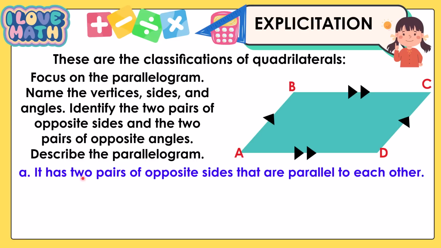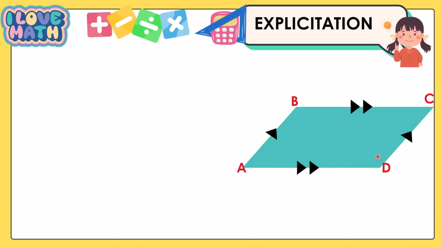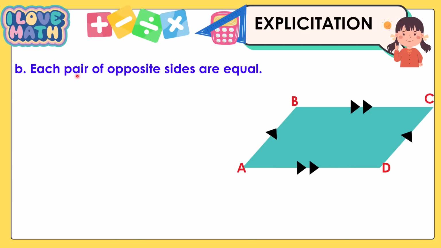A. It has two pairs of opposite sides that are parallel to each other. BA, CD, and BC and AD. B. Each pair of opposite sides are equal.